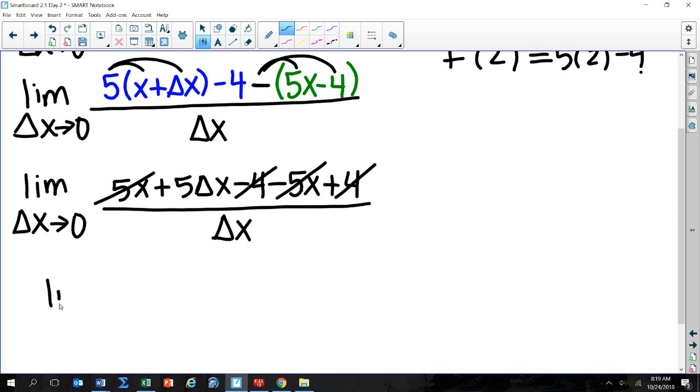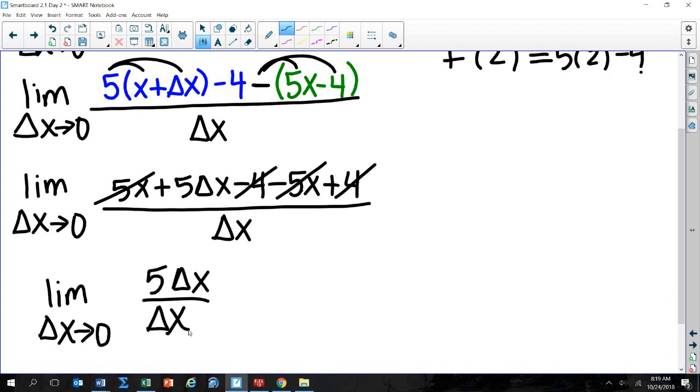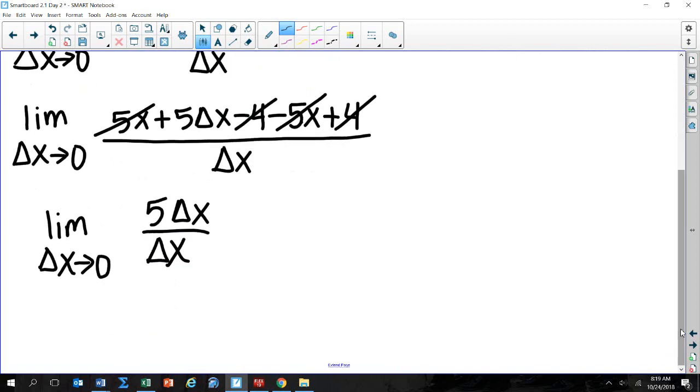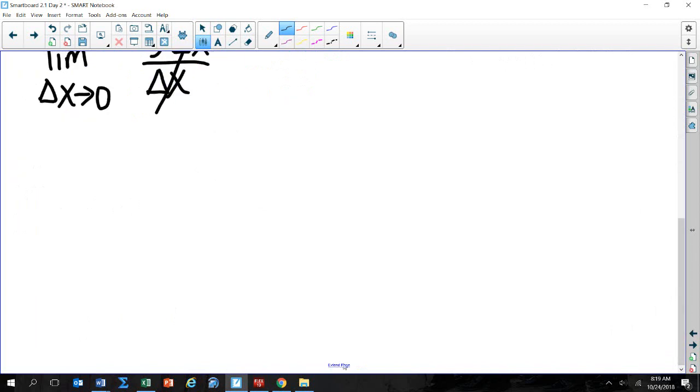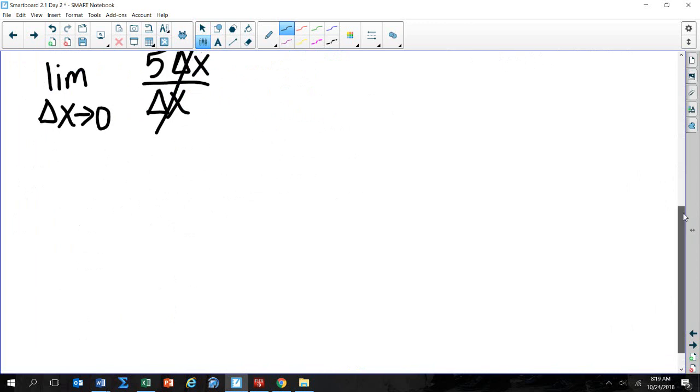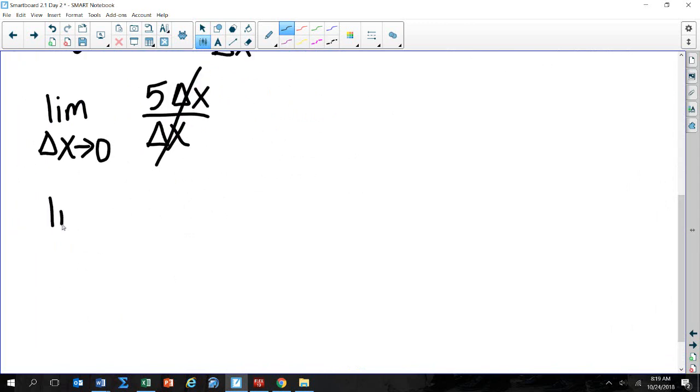So now I'm just left with this limit as delta x approaches 0 of 5 delta x over delta x. And what happens? Delta x is canceled. Okay, so that's nice. So now all I have left is the limit as delta x approaches 0 of 5.